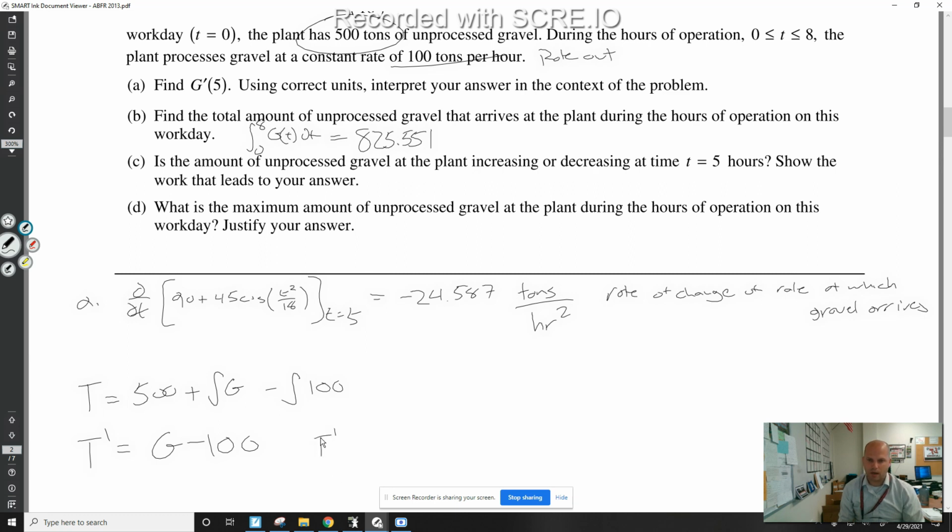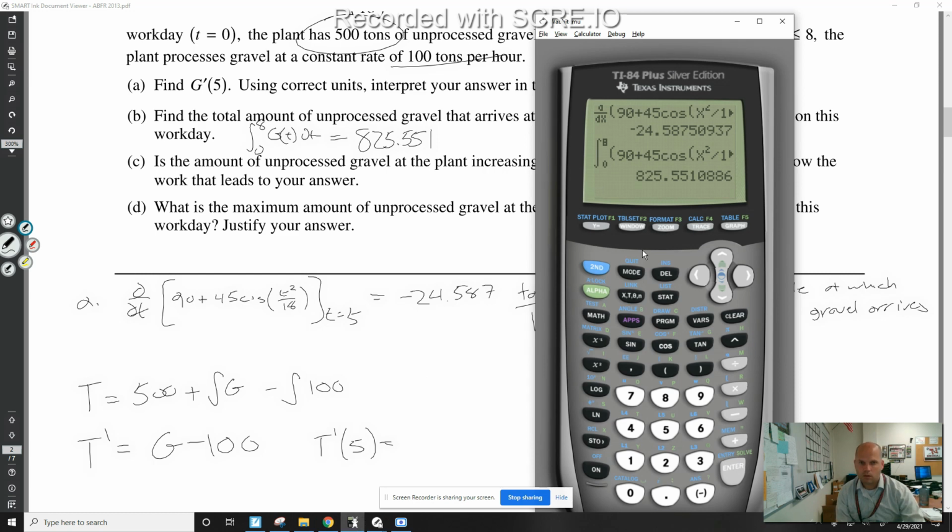You can say T prime at 5 is, I kind of want just this piece without the integral. Let's see what happens if I delete this. Hey, there you go. T prime at 5, so that's G at 5 minus 100.